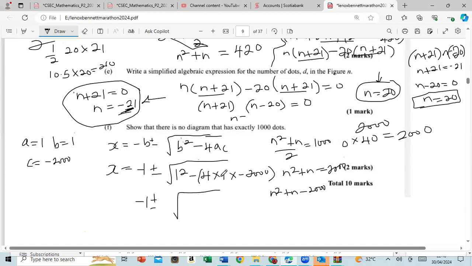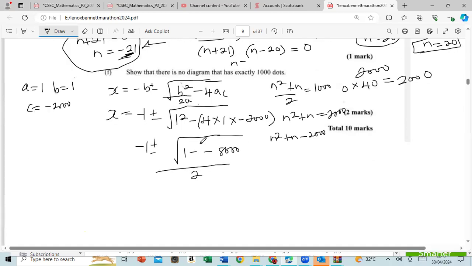And then we have 4 times 1, that is 4. 4 times negative 2000, that is minus 8000. And then we put this over 2a, which is 2 times 1. But long story short, when we add this, 1 plus 8000, that will be 8001.